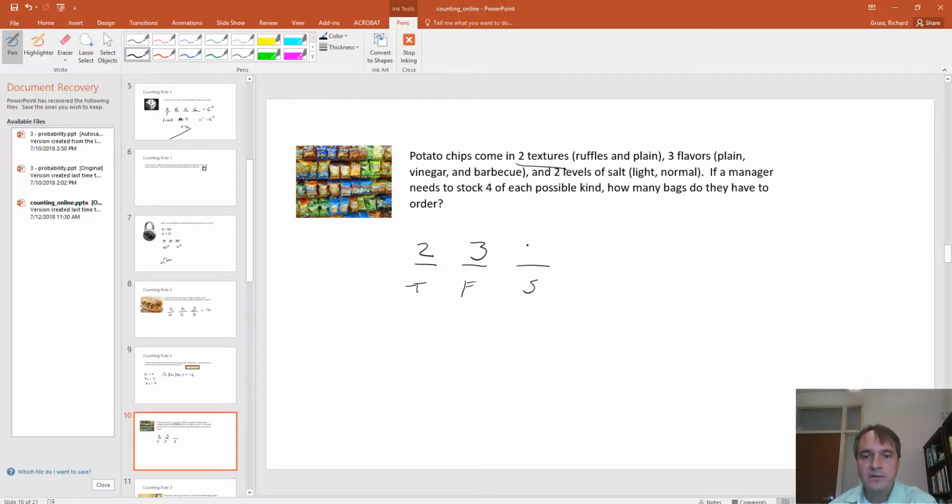So we had a 2 in here, we had a 3 in here, and we had a 2 in here. Okay, so the number of different possibilities is just going to be 12 again. We happen to have the same numbers in both problems. But take a look. Notice that if the manager has to stock 4 of each possible kind, so the answer to this problem, of course, is actually going to be 4 times that, so 48.